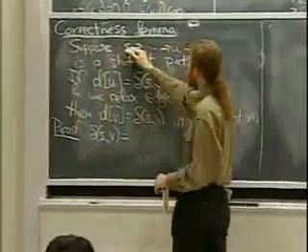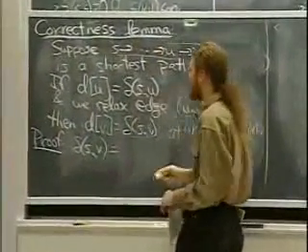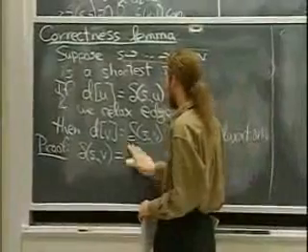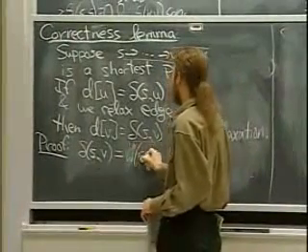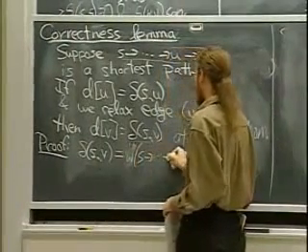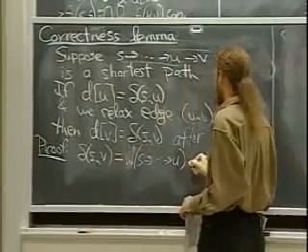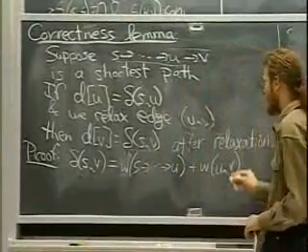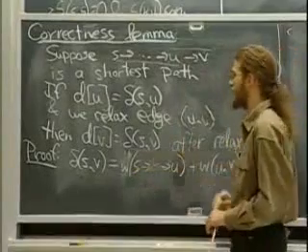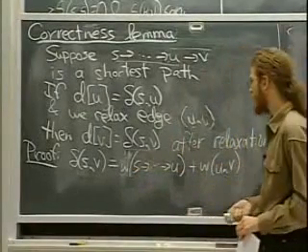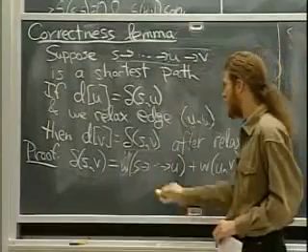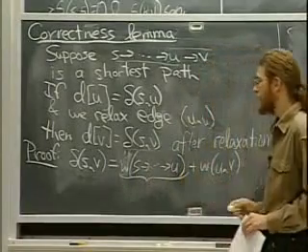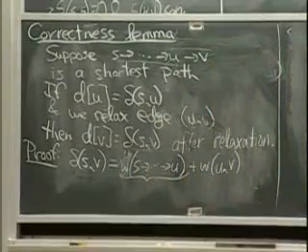I'm going to split out the first part of the path and the last part of the path. So we have the weight of this part of the path from s to u, plus the weight of this edge, u comma v. Remember, we could write w of a path, and that was the total weight of all those edges. So what is the weight of this path from s to u?